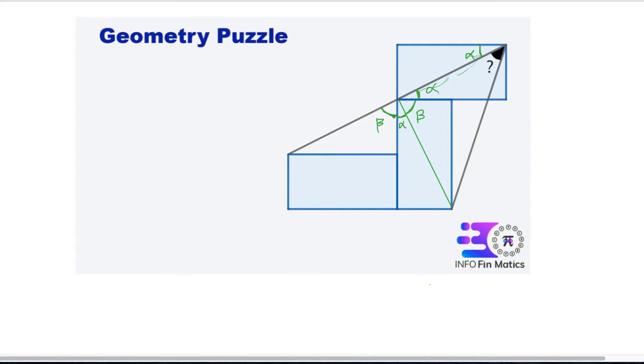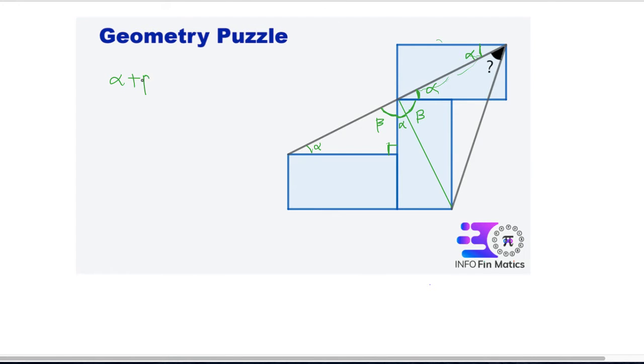Now if you observe carefully why this angle is beta: this is a 90-degree angle, and if this angle is alpha, this angle is also alpha, so this angle is beta. Now on a straight line at a point, the sum of all the angles is 180 degrees. So what do we have?